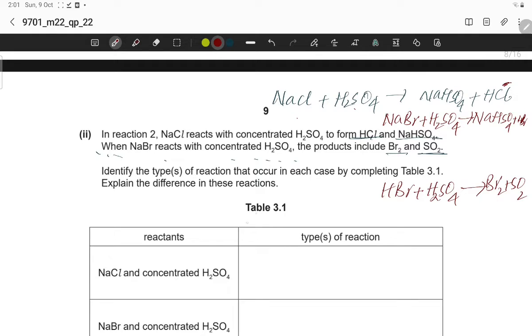So the reaction of sodium chloride and sulfuric acid is an acid-base reaction, or a displacement reaction, you can say.